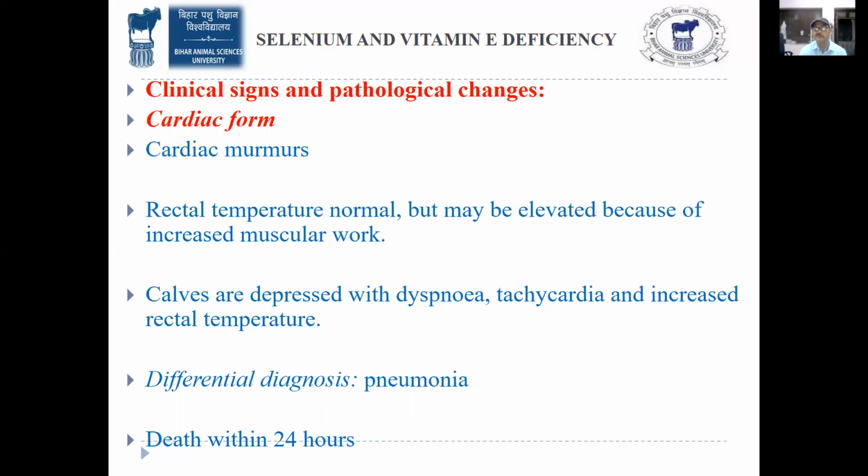Rectal temperatures may be normal, but may be elevated because of increased muscular work associated with respiratory efforts. Calves are depressed with dyspnea, tachycardia, and increased rectal temperature. Differential diagnosis should be done with pneumonia. Death within 24 hours is possible despite medical therapy.